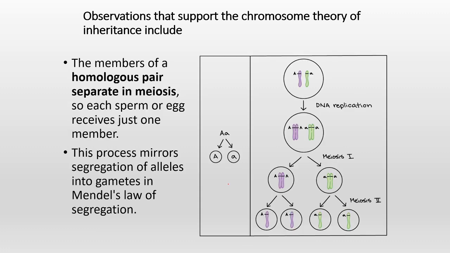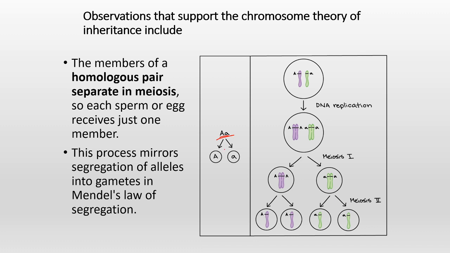Similarly, the second observation here is that the members of the homologous pair segregate in meiosis in such a way that each of the sperm or egg is going to receive only one copy of the member. So this is just like the law of segregation, right? This process mirrors the segregation of alleles into gametes in Mendel's law of segregation.